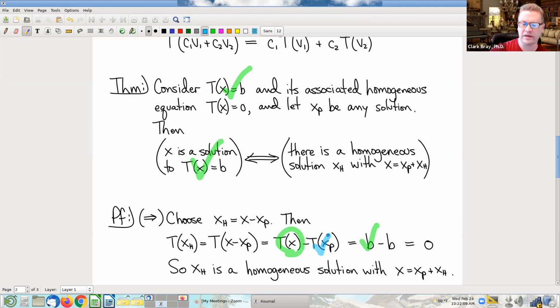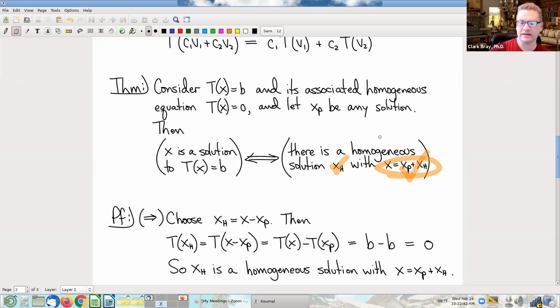T of xp, consistent with my pattern, xp is also b. And so we get b minus b, which of course is 0 as required. And so on the assumption that I have a solution, we have now shown that it definitely is the case that there is a homogeneous solution xh that satisfies that formula. So we have successfully shown this.